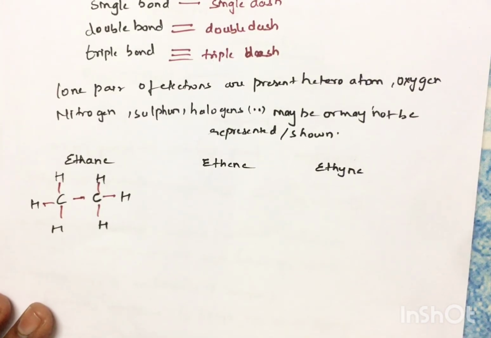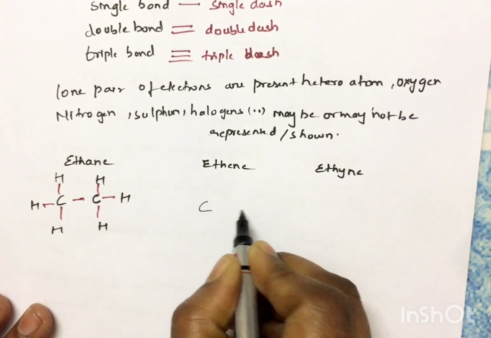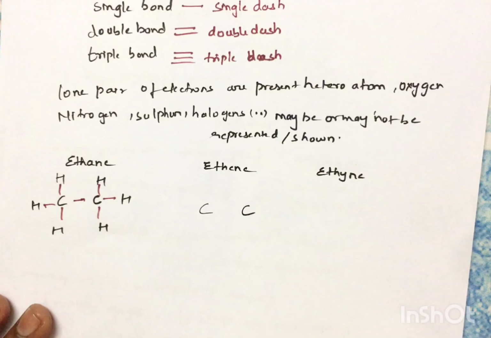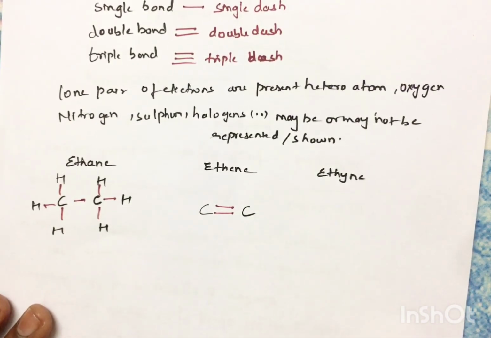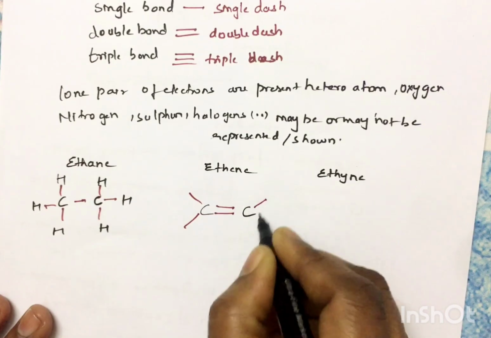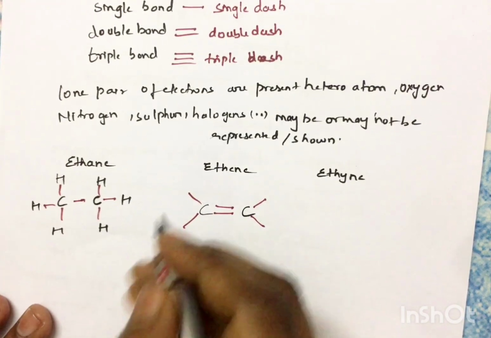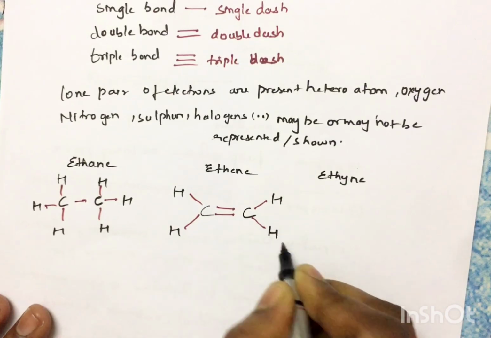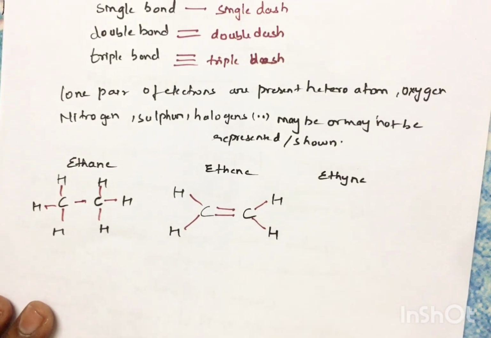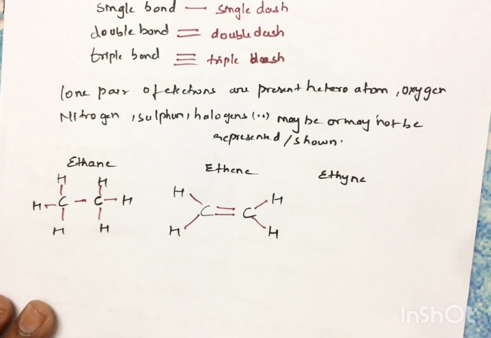If we take the example of ethene molecule, there is a double bond between the 2 carbon atoms, and each carbon forms 2 single bonds with 2 hydrogen atoms. So this is the complete or dash structure of ethene molecule. Now let's see the ethyne example.